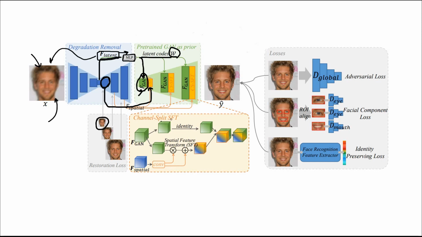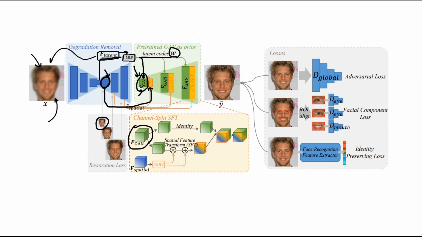So now what we will do here, we will use channel split SFT. How can we combine this part here with the features from StyleGAN? Firstly, we have this feature map from StyleGAN.